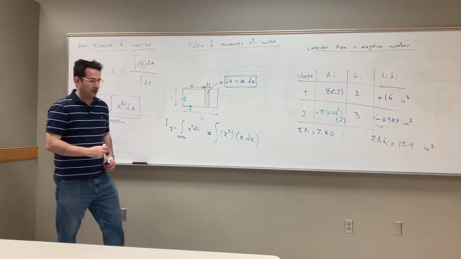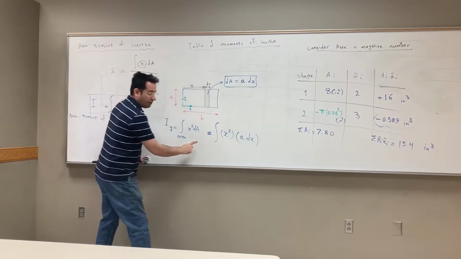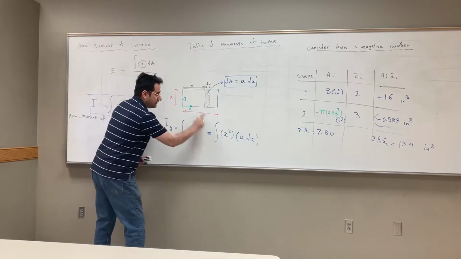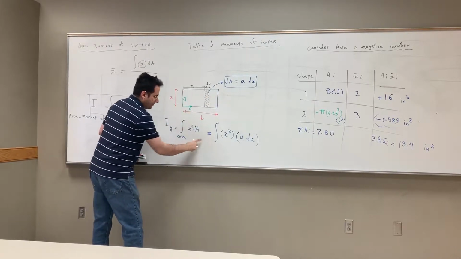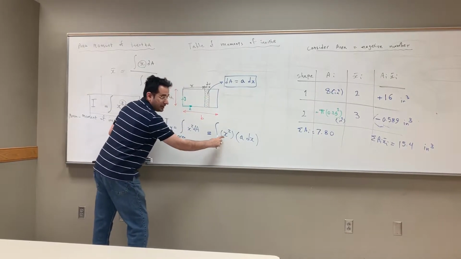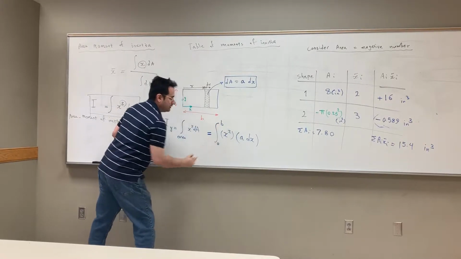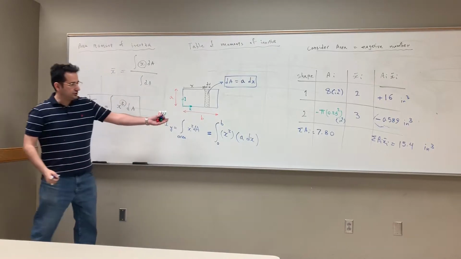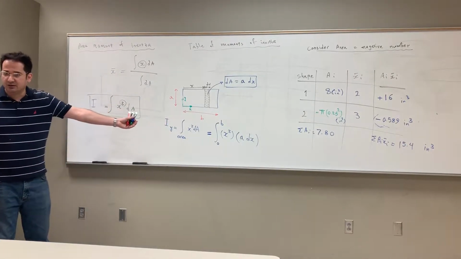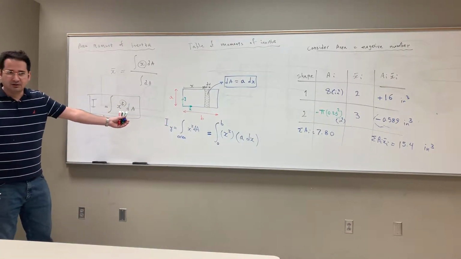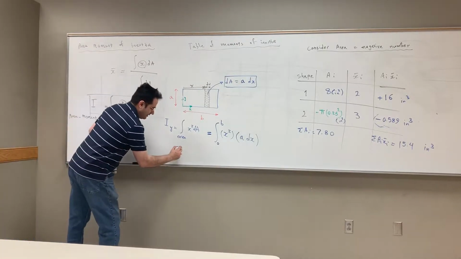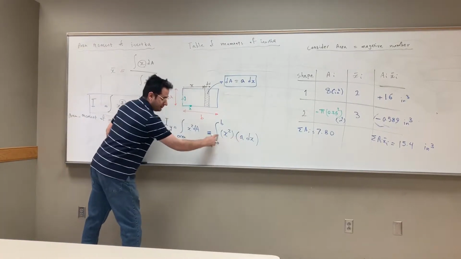Don't forget, A is a constant. So here, what are the bounds for the integral? The entire shape. So x is from 0 to b. Now the question is just to evaluate that integral. So what should I do? This is a constant, take it out.